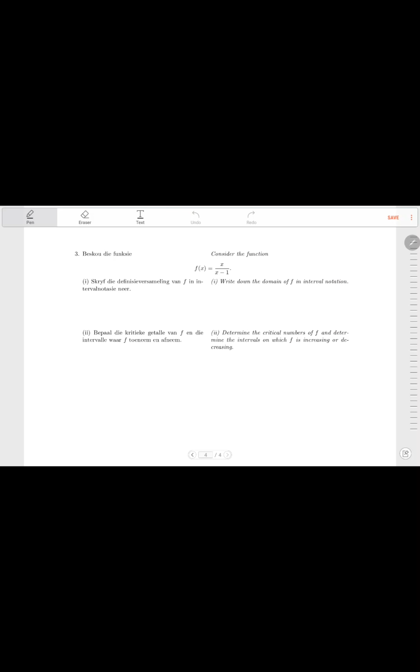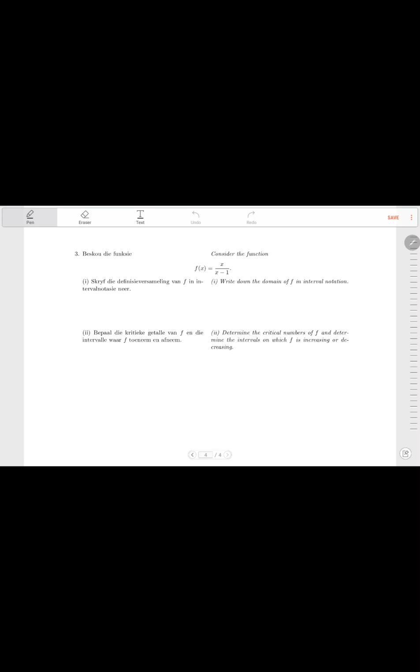The final question says, consider the function f of x equals x over x minus 1. Write down the domain of f in interval notation. So there's only one x value that we cannot have in the domain, and that is the x value that will make our denominator equal to 0.